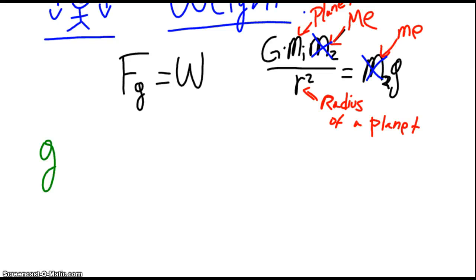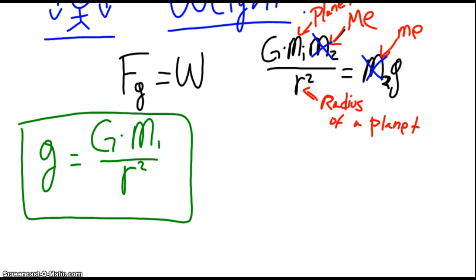So if I cancel those two out, what I get is g equals big G times the mass of the planet, m1, divided by the radius of the planet squared. And there we have it. We've derived an equation to solve for the gravity of a planet as a function of its mass and of its radius squared.